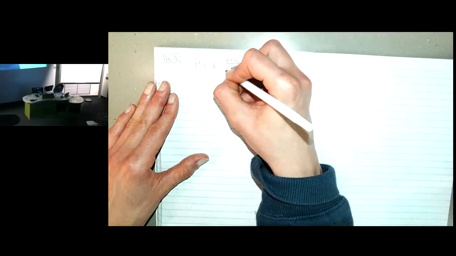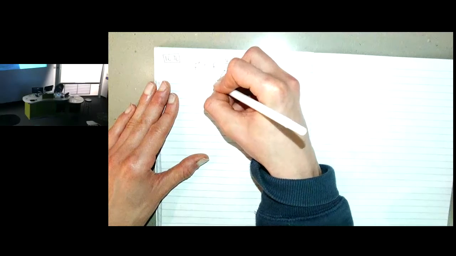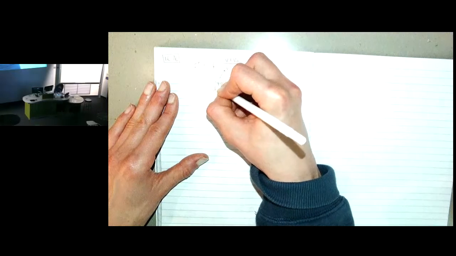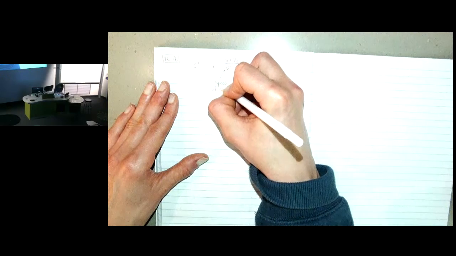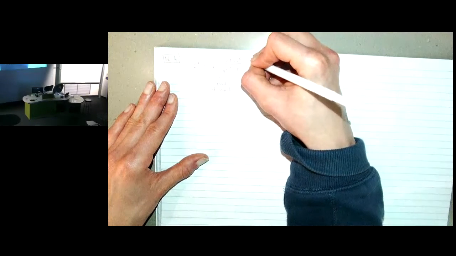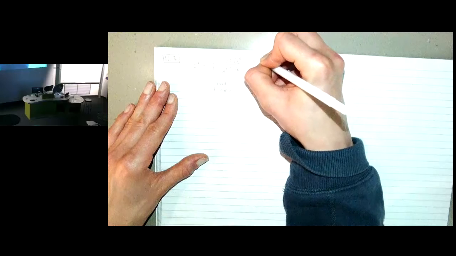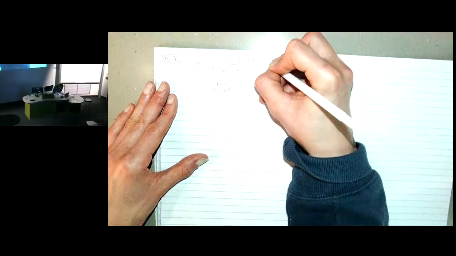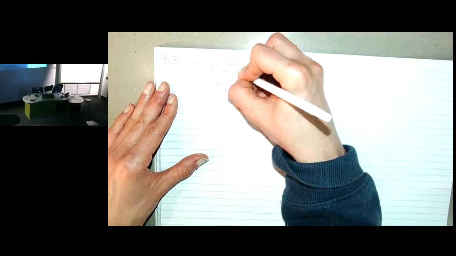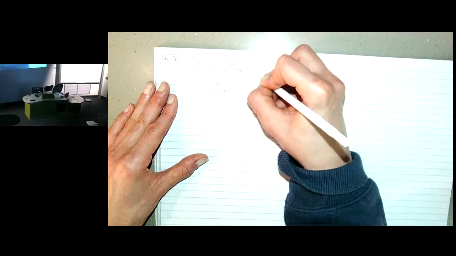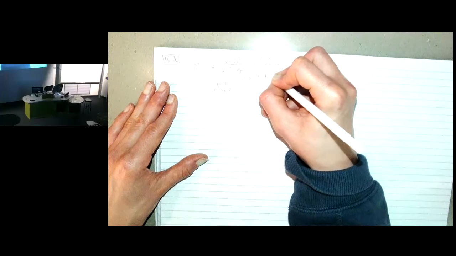So if I just label what this is: speed of sound, so presumably the speed of sound in air in this case. This is the speed of the observer. And this thing here is the speed of the source, in this case, a bird.